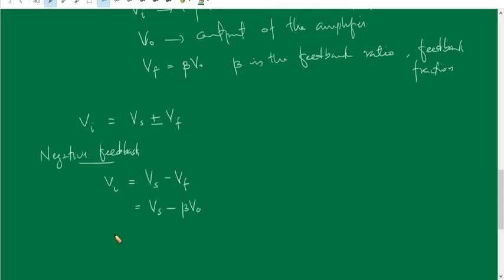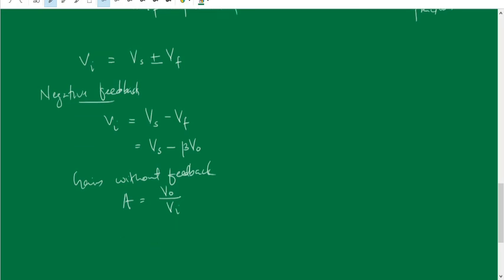Now the gain of the amplifier without feedback is given by A. Without feedback, the gain is the internal amplifier gain, Vo divided by Vi, which is Vo divided by Vs minus beta Vo.